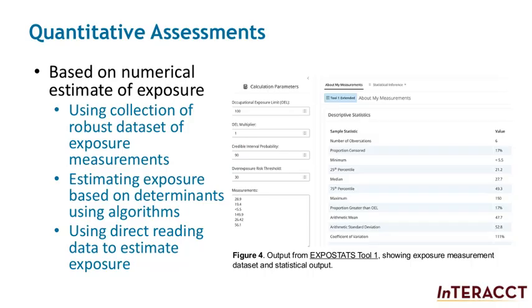Exposure estimates based on determinants of exposure using an algorithm that has been evaluated and calibrated with rigorous data sets. Using mathematical models based on chemical and physical properties of the agent and fluid dynamics that have been evaluated and calibrated with rigorous data sets. Or using direct reading monitoring data, providing correlation studies have been conducted in situations where both personal and direct reading measurements are available for the same exposure scenario.